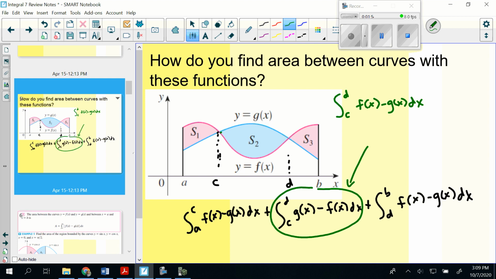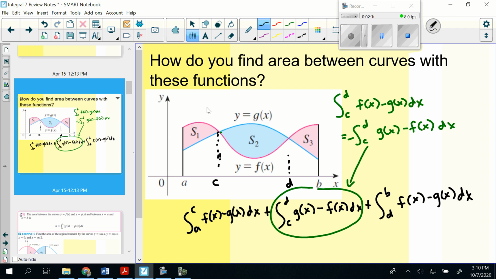So this would be the same as the integral from C to D of g of x minus f of x, except that it would end up being negative. It'd be the same amount, but the other sign.